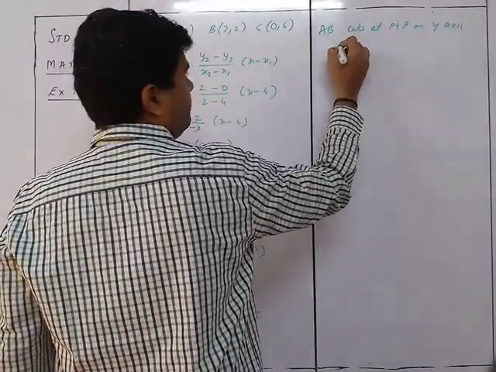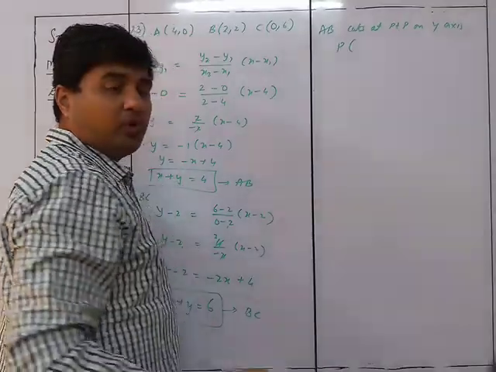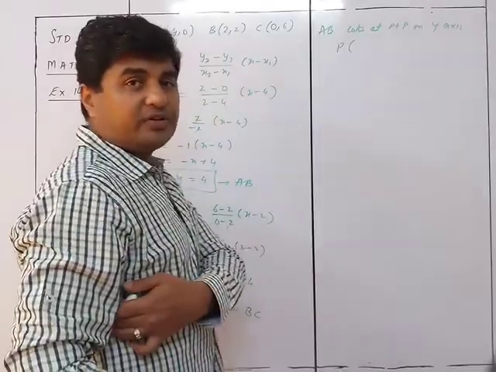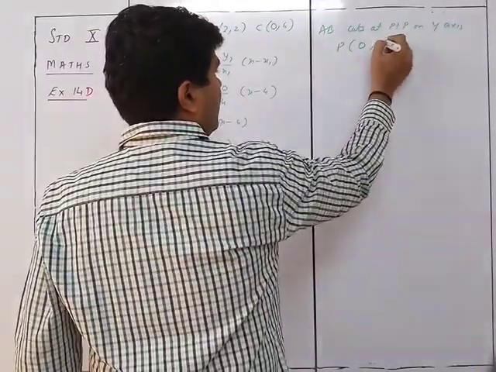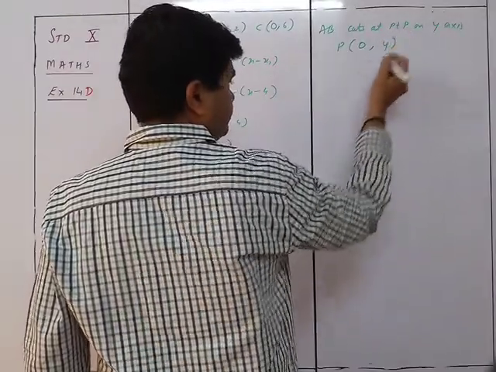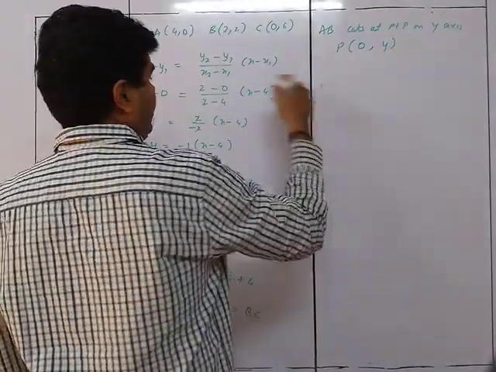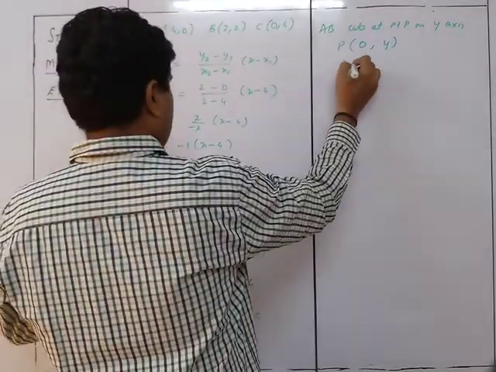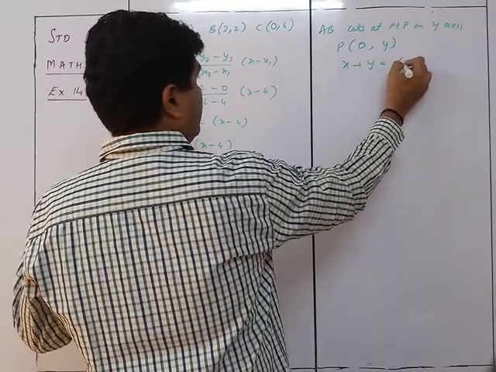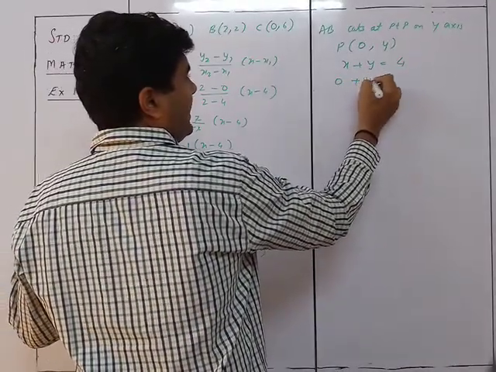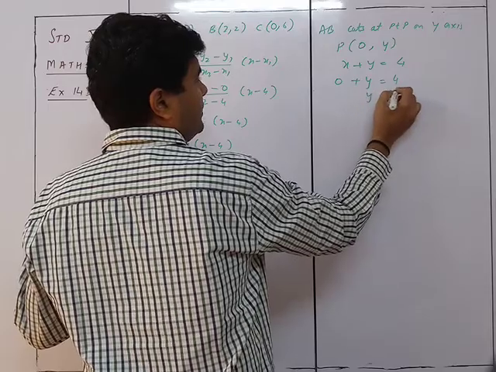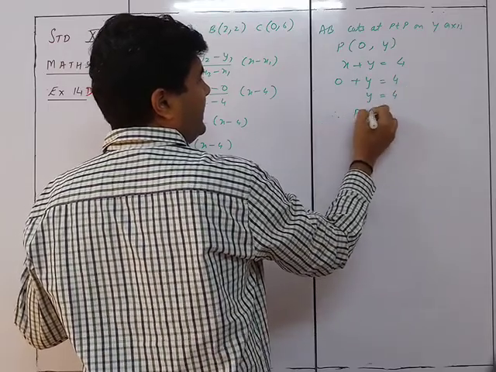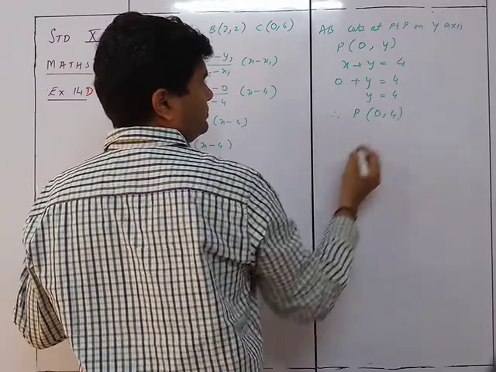Because it is on the y-axis, the x coordinate will be 0, so P is 0 comma y. In the equation x plus y is equal to 4, we get 0 plus y is equal to 4, so y is equal to 4. Therefore, P is 0 comma 4.